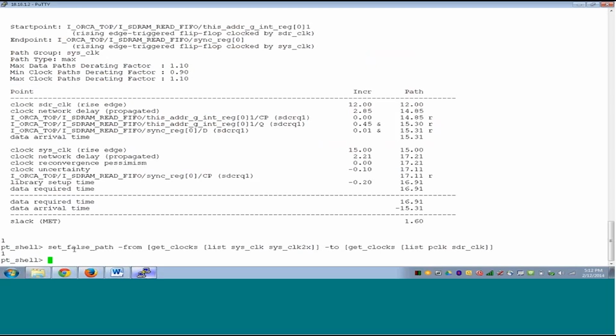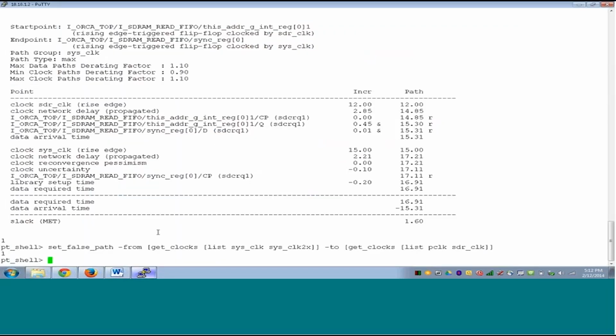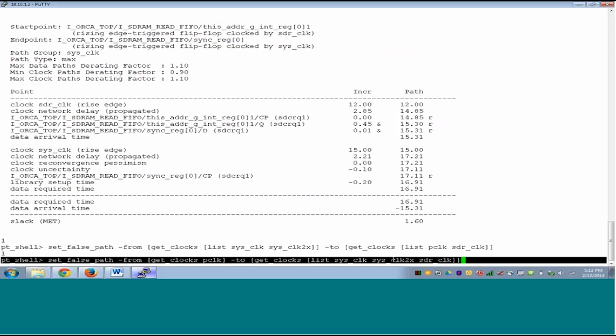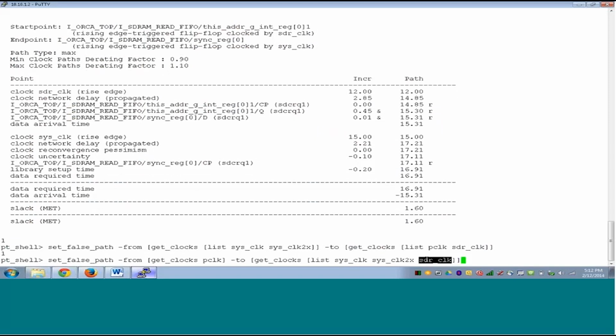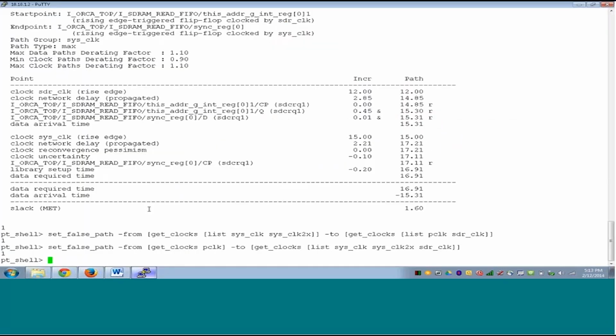Now secondly, I should do P clock to this group. So I do from P clock to sys clock 2x and SDR clock. Then I do the last case, which is from SDR clock to sys clock 2x and P clock.